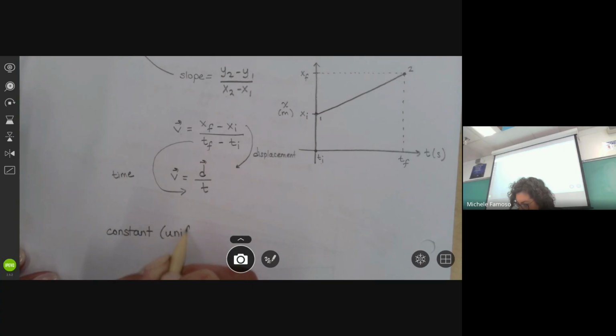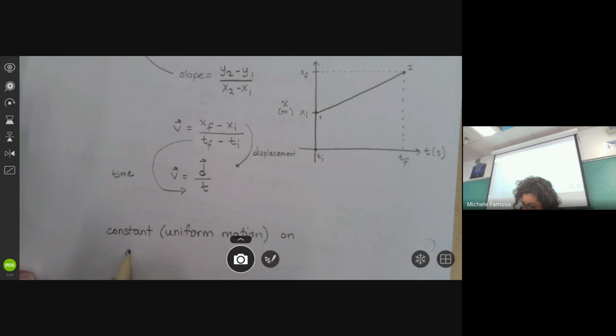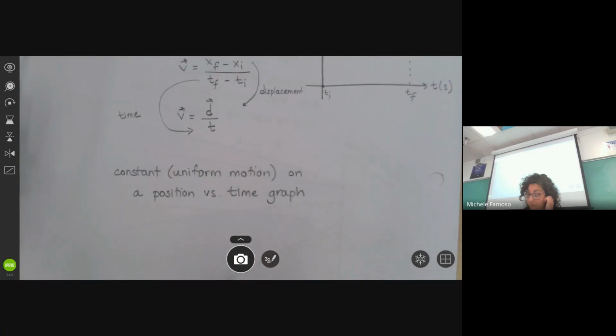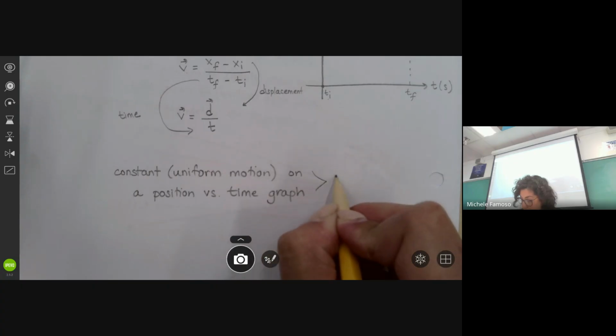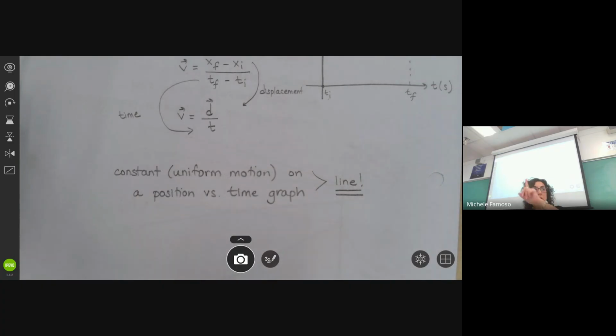So one last thing to talk about is that when we have constant or uniform motion on a position versus time graph, you're always going to get a line. It's always a line, but there are two kinds of lines you could see.